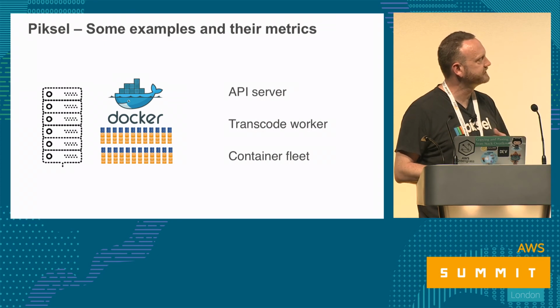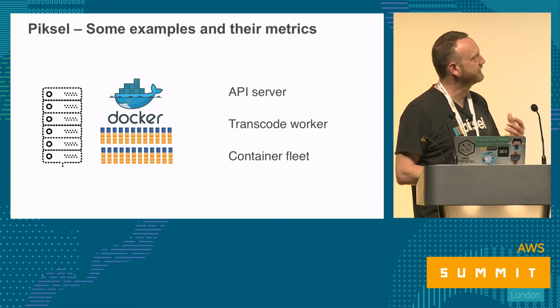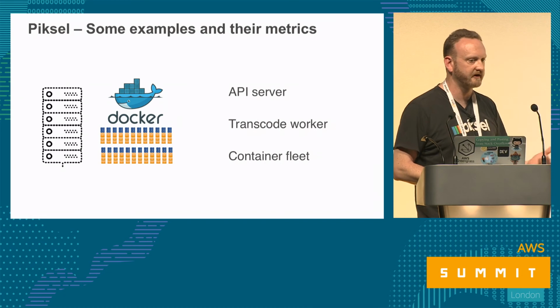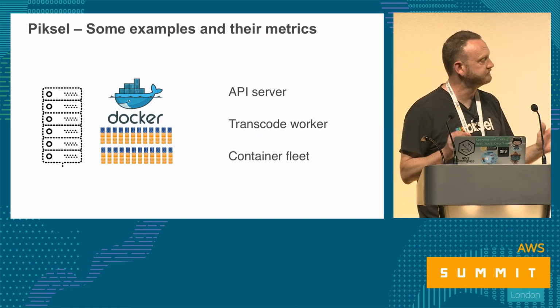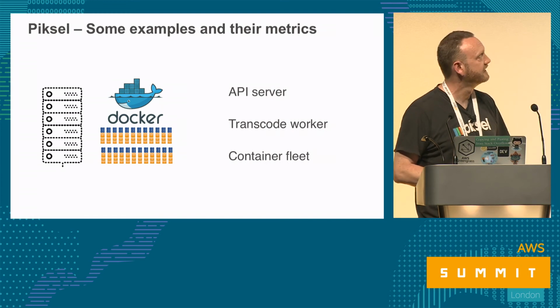So we've constructed what people call a synthetic or a composite metric based on these. And so each agent will submit one metric to CloudWatch that says, I'm 75% full. That 75% might be CPU or RAM. From my point of view, running the fleet, it doesn't really matter. All I need to know is how full that machine is.